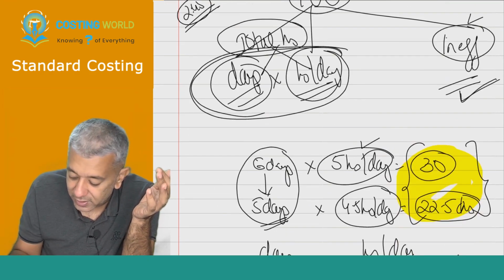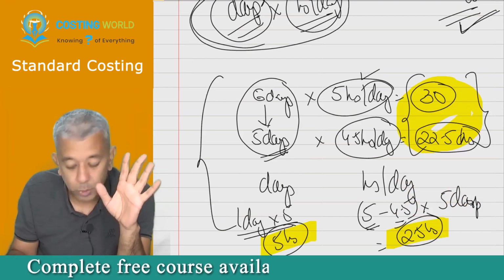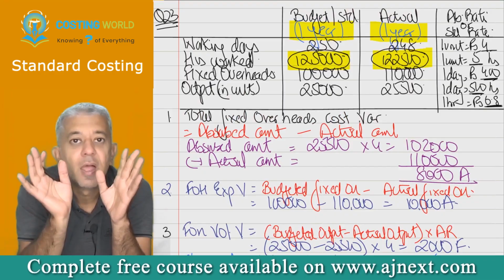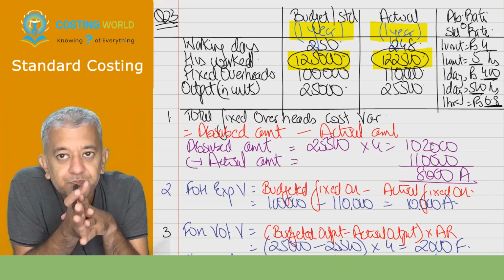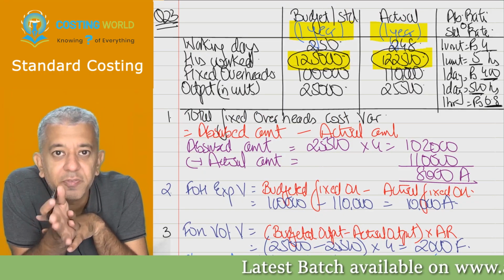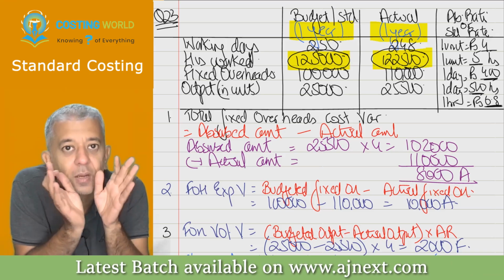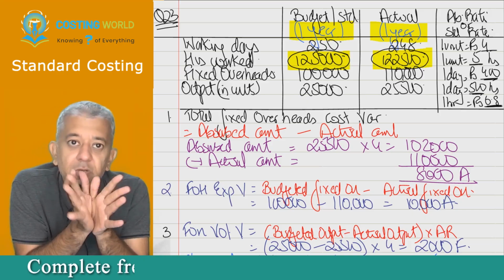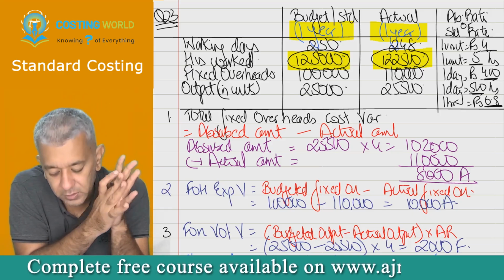From the question that you are doing, why did we lose 2,500 hours? What was the breakup? How much is lost because of days? How much is lost because of hours per day? I want a proper breakup, please.